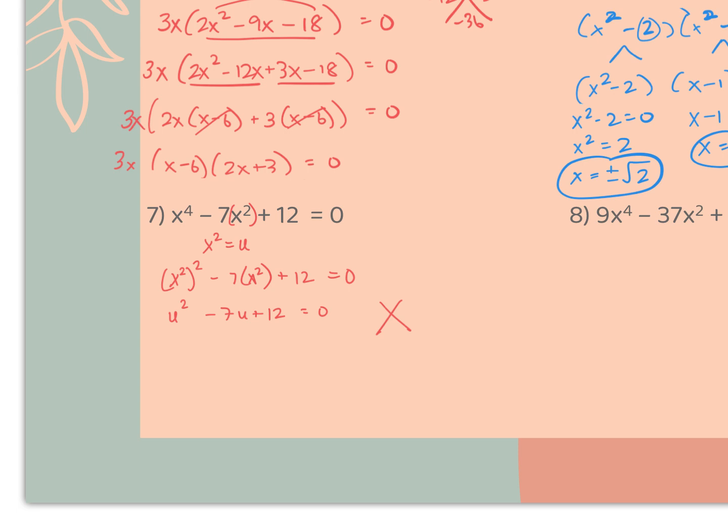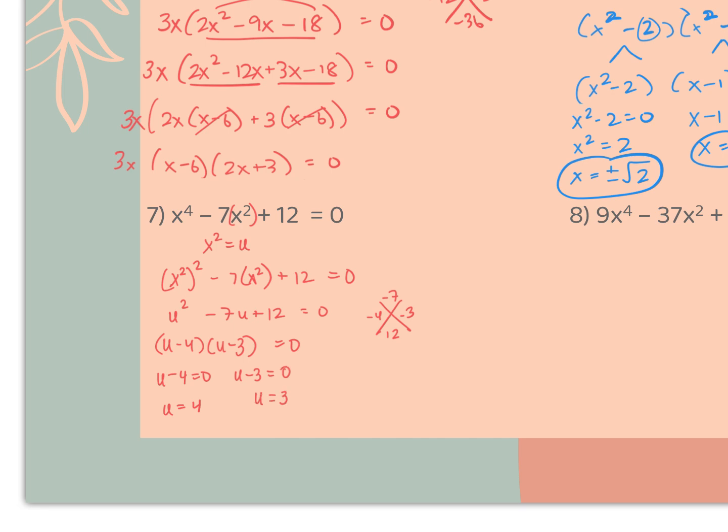And so here we know our product is 12, our sum has to be negative 7, and we're like, oh, that's negative 4, negative 3. So this is u minus 4 times u minus 3 equals 0. So we come over to here and we're like, okay, u minus 4 is 0, so u equals 4, and u minus 3 equals 0, so u equals 3.